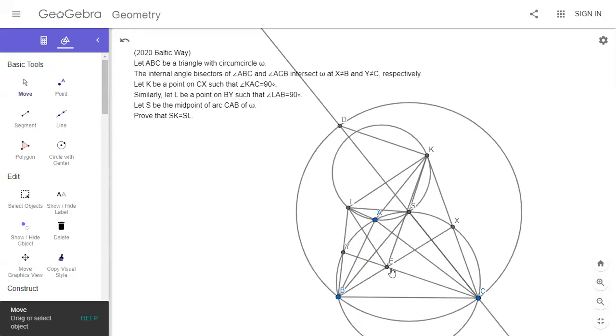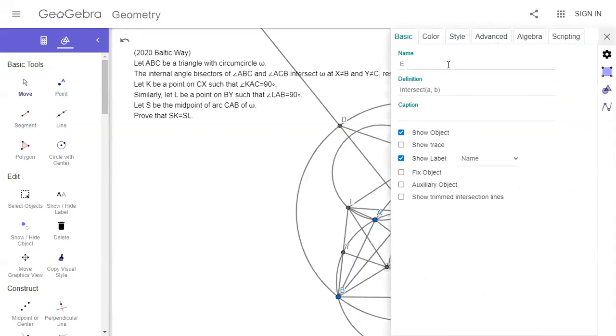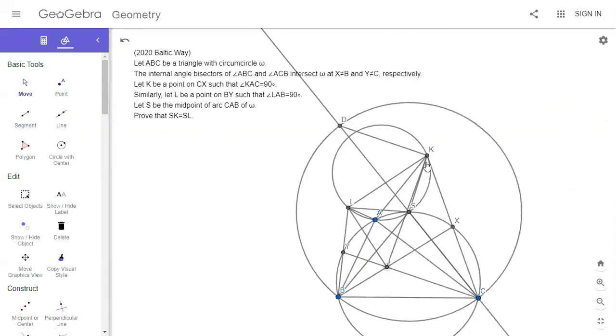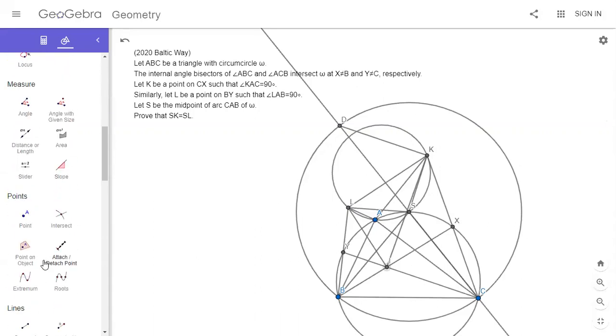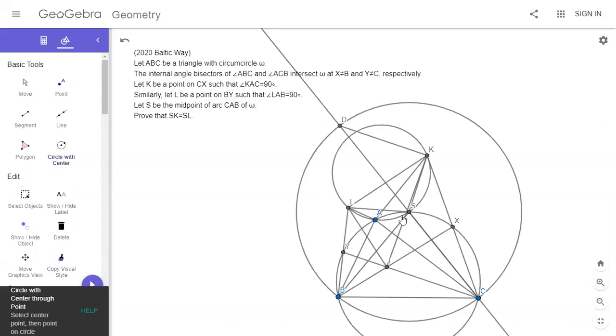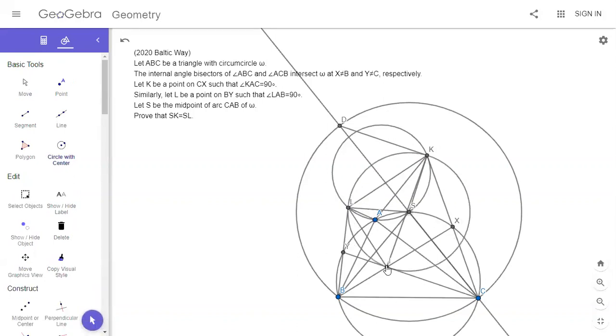So in this figure, I'll change it to I just to be the incenter, but at least in this figure, S doesn't look like the incenter of ILK, right? No, it is the circumcenter. Oh, the circumcenter, sorry, my bad. I misheard you. So S is the circumcenter.